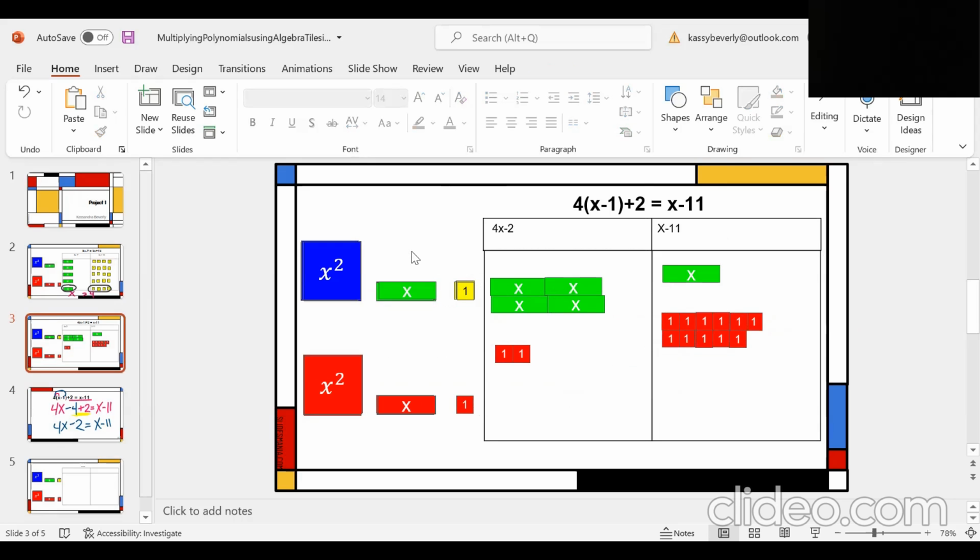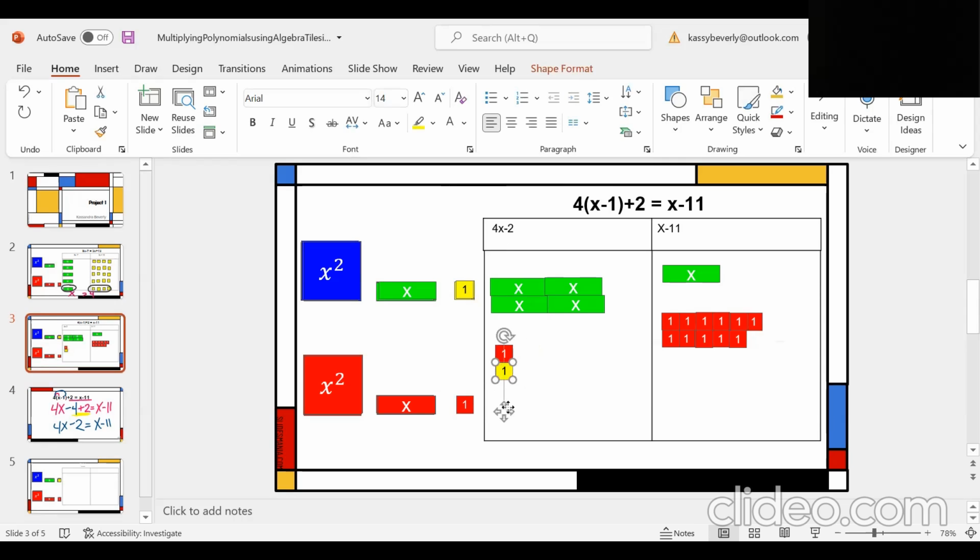Now, we need to get one side to only have a part, so we can either do x or the numbers. So we can do plus 2, because here we have a negative 2, so we're going to add 2 positive units. And when we add 2 positive units to 2 negative units, they're going to cancel each other. So this positive cancels this negative.